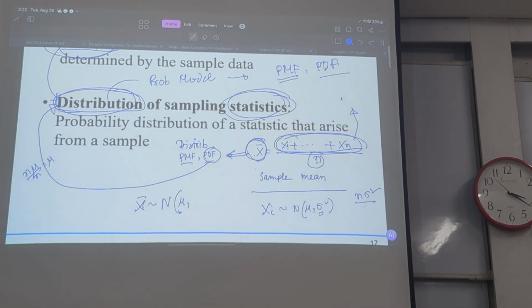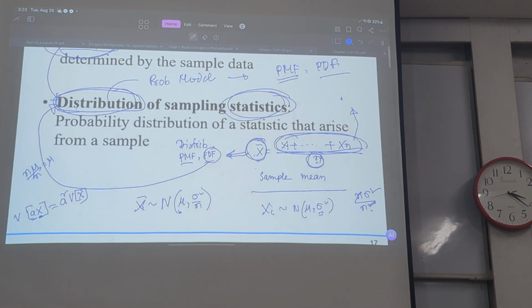And this n, will it remain n? No. If there is a constant product in the variance, since variance is squared, this constant term will be squared. So this n will be n square, and this quantity will be sigma square by n. Do you understand this?